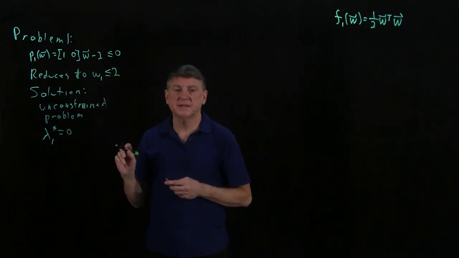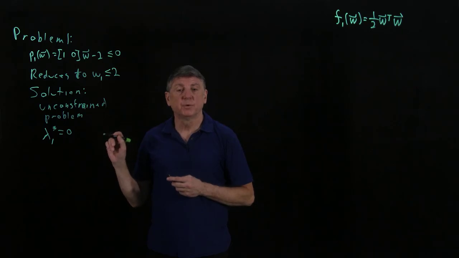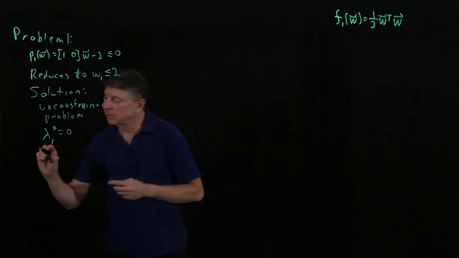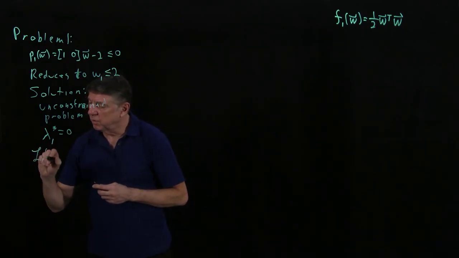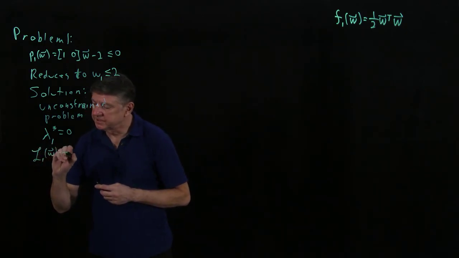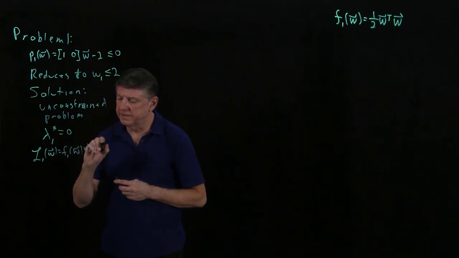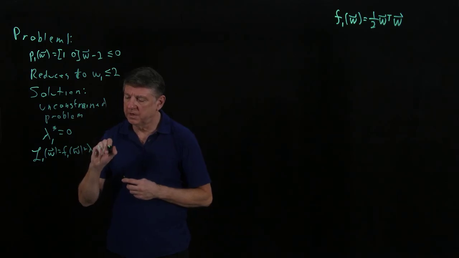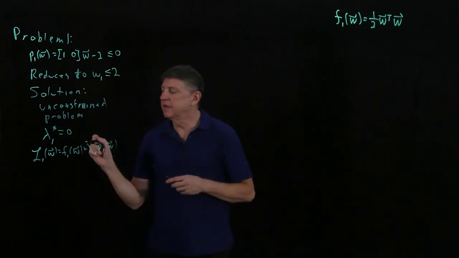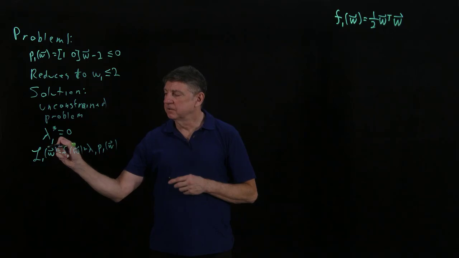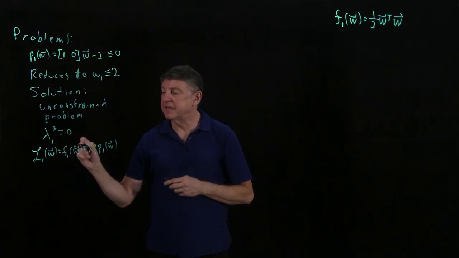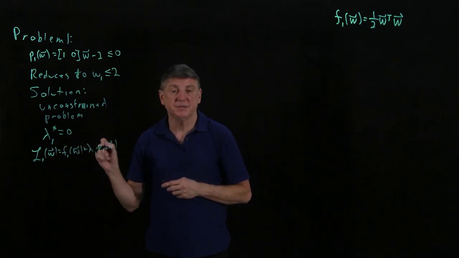And we have to force that to 0 so that we can force the Lagrange function to be the same as the objective function, right? So our Lagrange function number 1 is the objective plus Lagrange multiplier 1 times property 1. And if we want the Lagrange function to be the same as the objective, then that multiplier has to be 0.